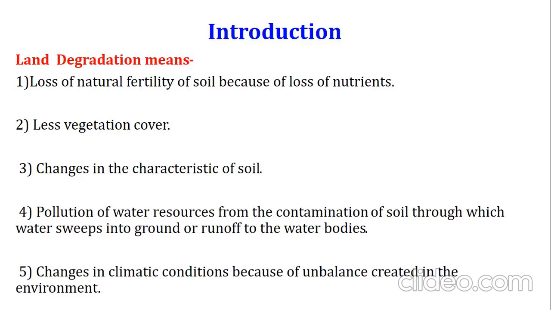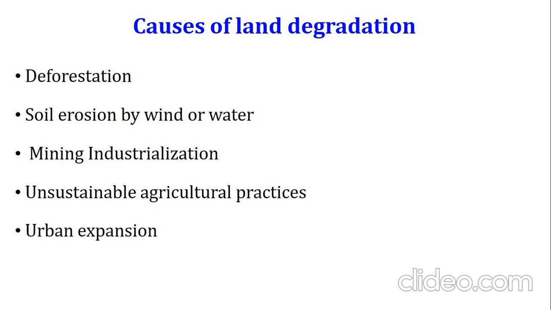Then changes in the characteristics of soil, pollution of water resources from the contamination of soil through which water seeps into the ground or runs off to the water bodies, and changes in climatic conditions because of imbalance created in the environment. So all these mean that there is land degradation.